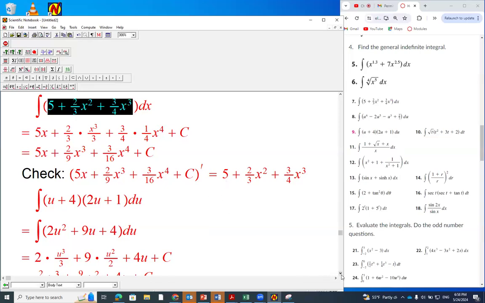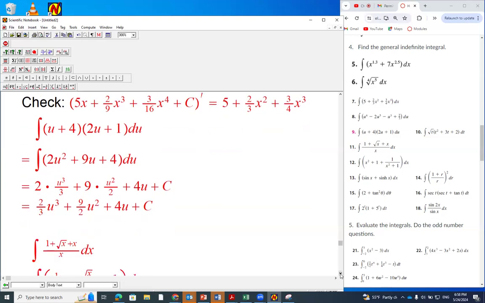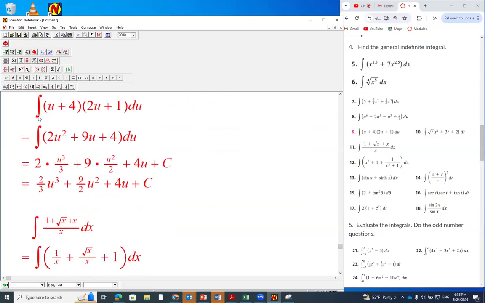All right. The second example I'm going to show you is one where we have a product. There's no product rule nor quotient rule in indefinite integral or definite integral. Okay, so we have to FOIL this, and we get 2u squared plus 9u plus 4, and then we find the antiderivative for each.